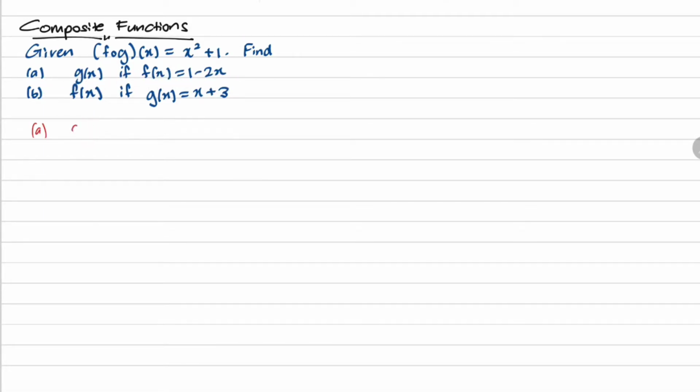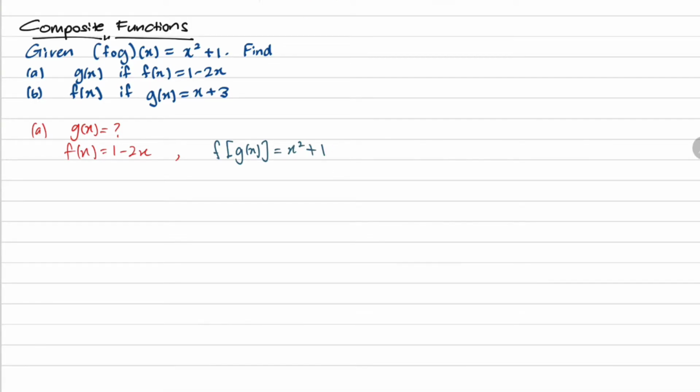So in question A, we would like to find what is the g function. Given that we know the function f is equal to 1 minus 2x, and we also know that f of gx is equal to x squared plus 1. I'll be writing that f of g in this form: f bracket gx equal to x squared plus 1.